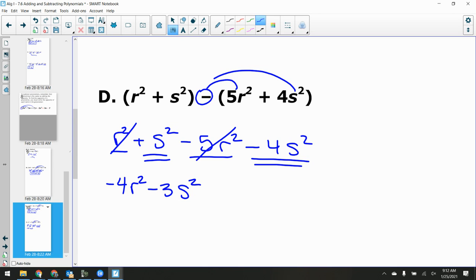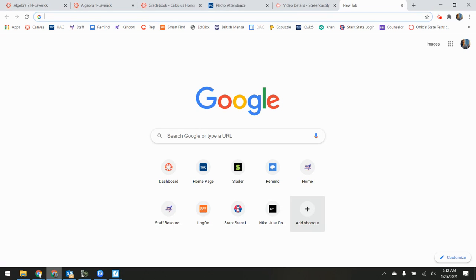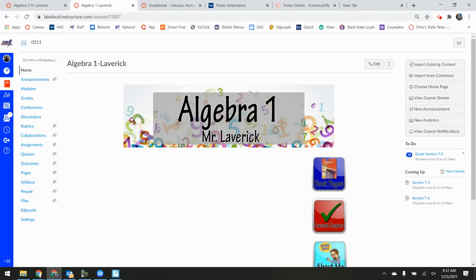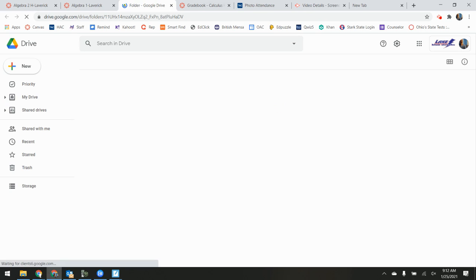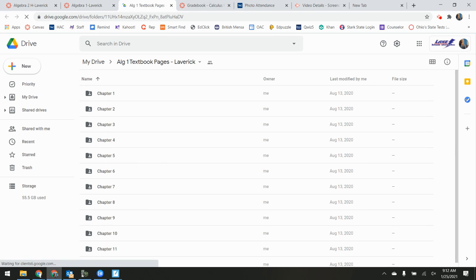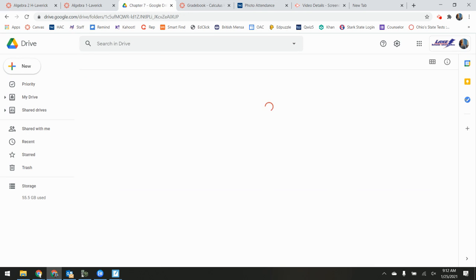All right, I'm going to pull up the pages because you might be able to get a good chunk, or at least a little bit of it done right now. We got page 47. Yeah, this is chapter 7, page 47.